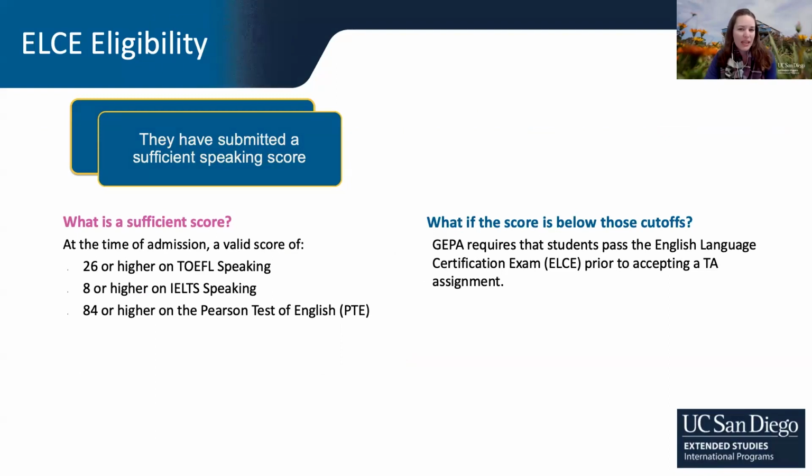So if you've already achieved 26 or higher on the speaking section of the TOEFL, 8 or higher on the speaking section of the IELTS, and 84 or higher on the PTE, then you've satisfied the English proficiency requirements to become a TA. If your speaking subscore is below one of these, then the graduate division requires that you take our English language certification exam.